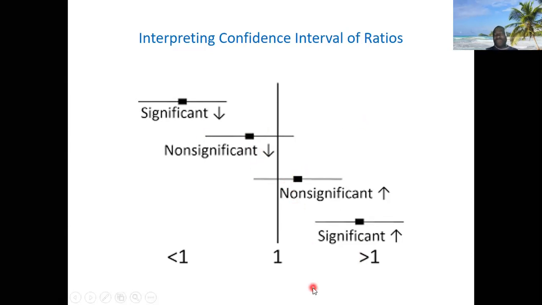Now, the relationship between the confidence interval and the p-value is that if it's significant with the confidence interval, it will be significant with the p-value. Because if you set your level of significance to be 0.05, 5%, your level of confidence will be 95%, because the confidence level and the significance level add up to 100.